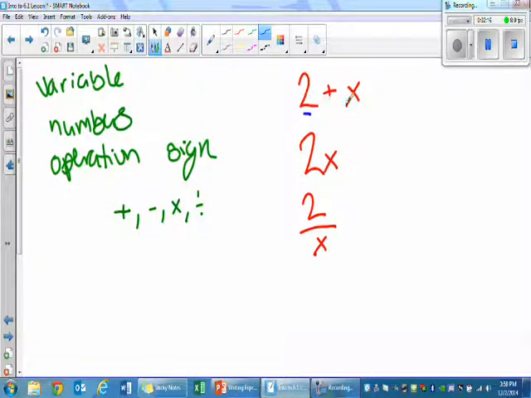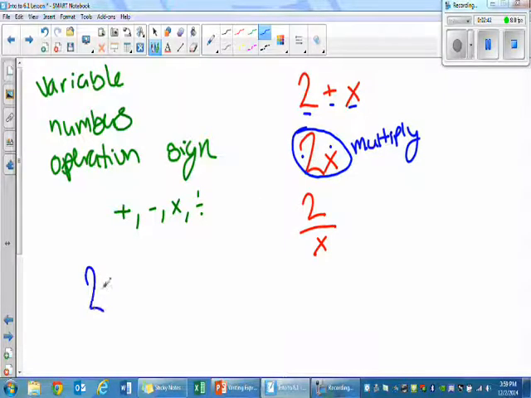We have a number, we have a variable, we have an operation sign. Number, variable. Okay, this operation sign would be multiplying. 2 times x. When the number and the variable are right next to each other, that means to multiply. So let's talk about this real quick. This is how you're going to see this: 2x.